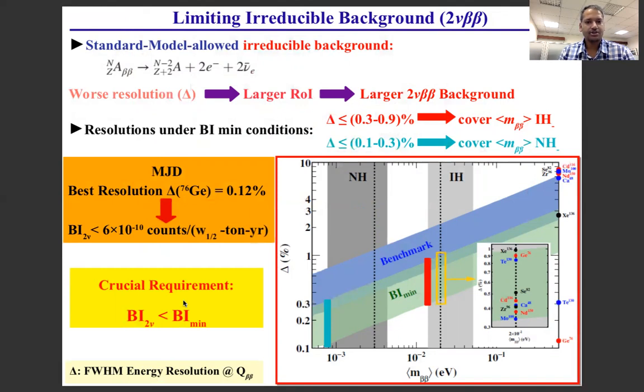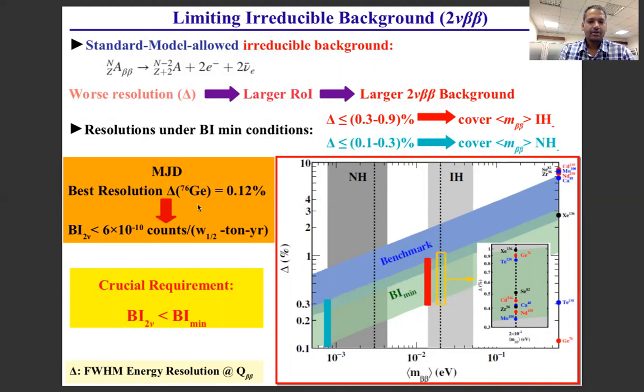A worse resolution means a larger region of interest around the Q value, and a larger region of interest means more two-neutrino background contamination. To become background free from it, the experiments need an energy resolution of the order of 0.3 to 0.9% to cover the inverted hierarchy, and 0.1 to 0.3% to cover the normal hierarchy.